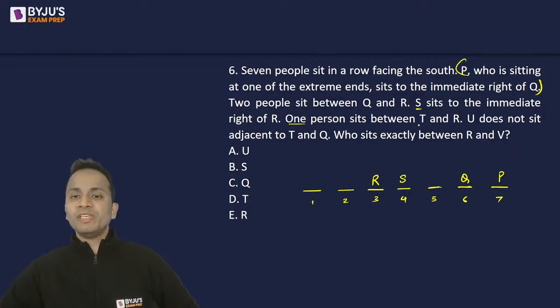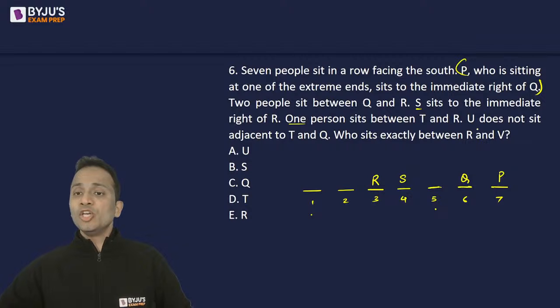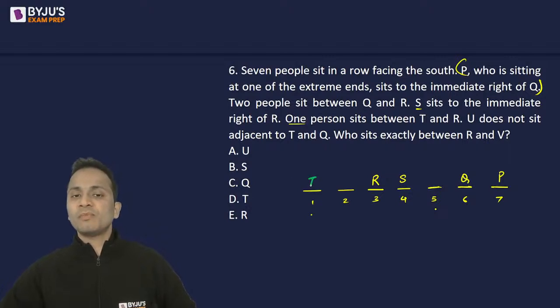One person sits between T and R. T और R के बीच में one person होगा. So T can be at chair number 1 or chair number 5. Okay. U does not sit adjacent to T and Q. If T sits at chair number 1, so U will either sit at 2 or 5. ठीक है ना?